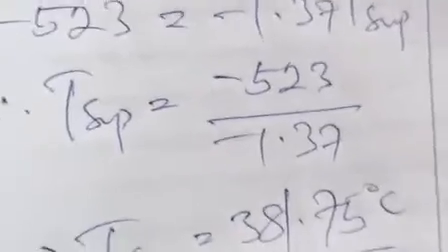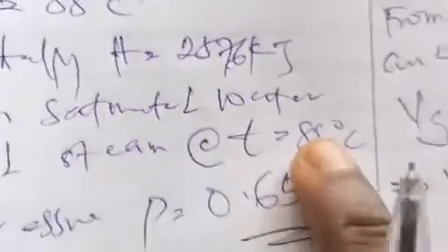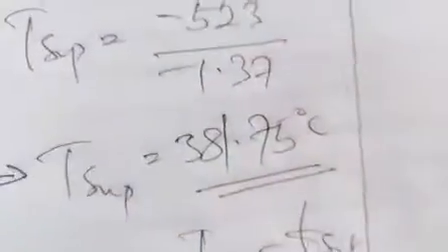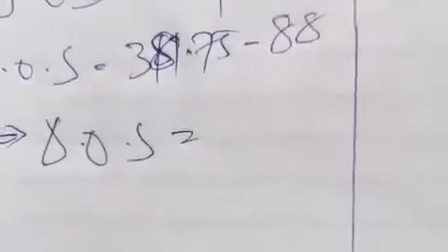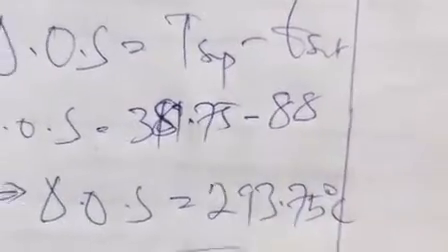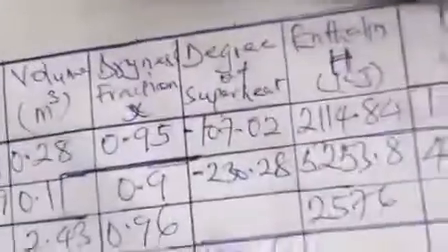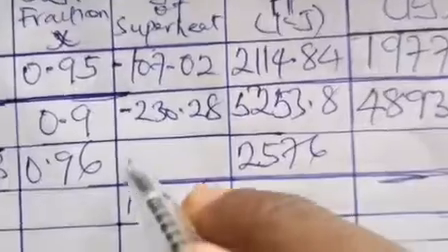So the degree of superheat is 381.75 minus the saturation temperature, which is 88 degrees, as was given. So the degree of superheat is 293.75 degrees Celsius. So we can fill up that column now: 293.75.